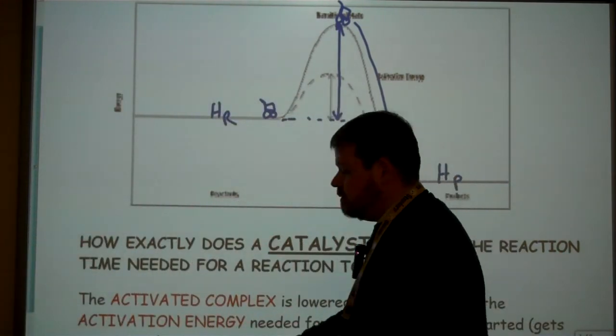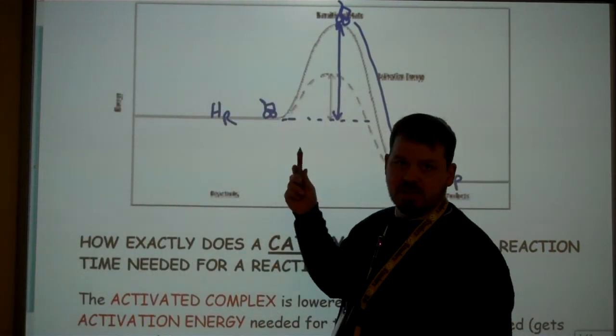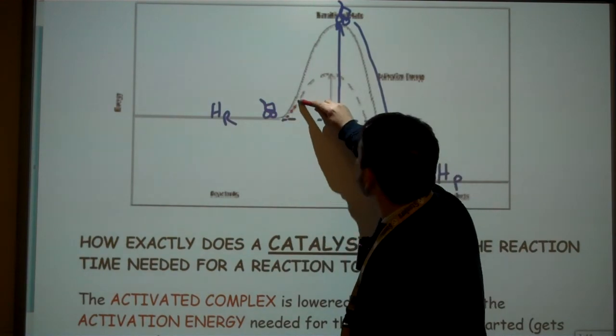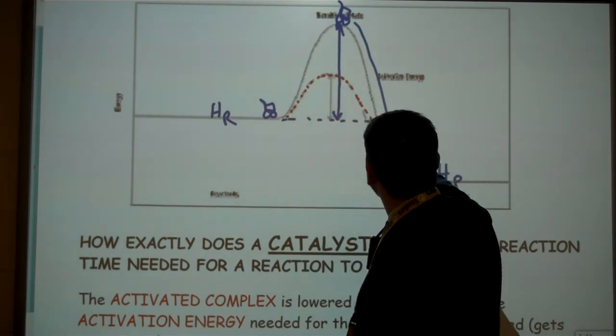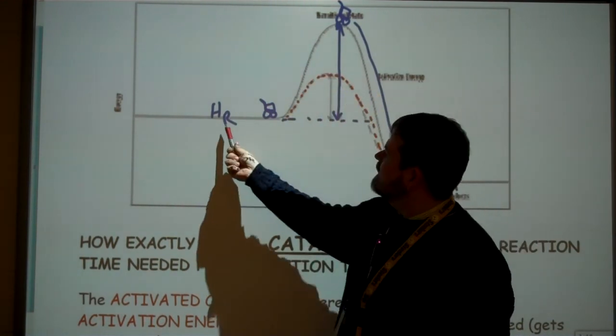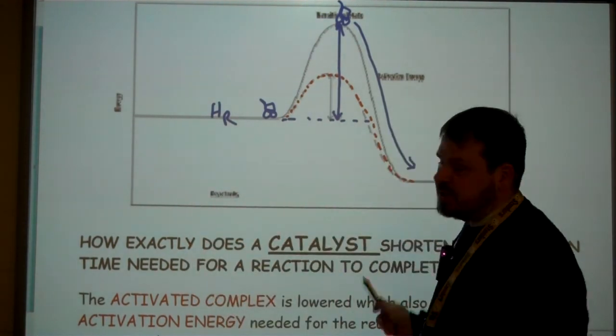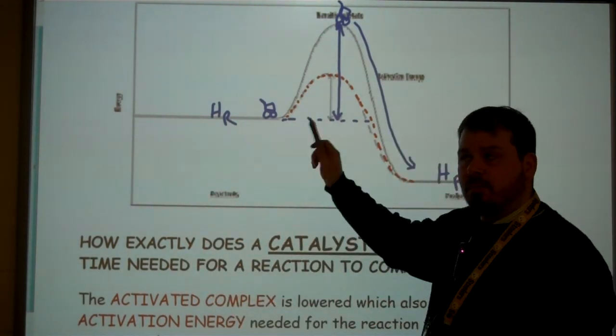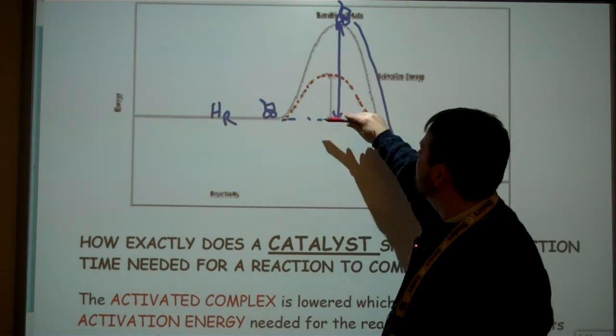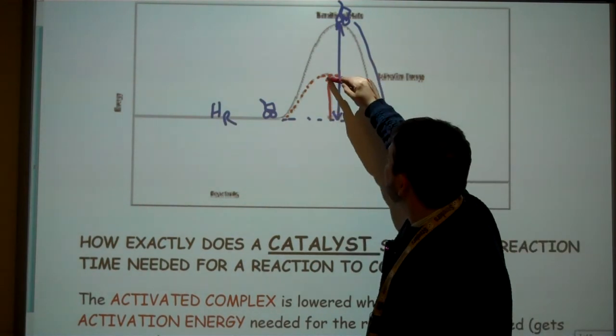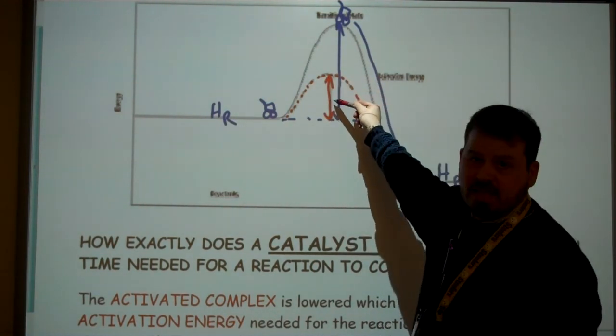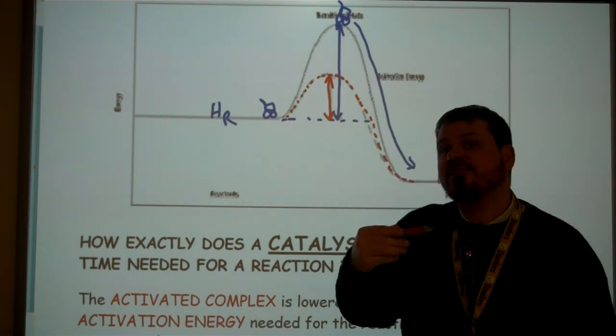If I were to add a catalyst to this particular reaction, the new diagram would look like this. Now, the H of R never changes and the H of P never changes. The products and the reactants never change. But the amount of energy I need now did change, and it takes less energy, hence it's faster.